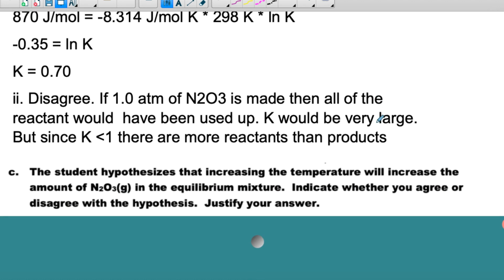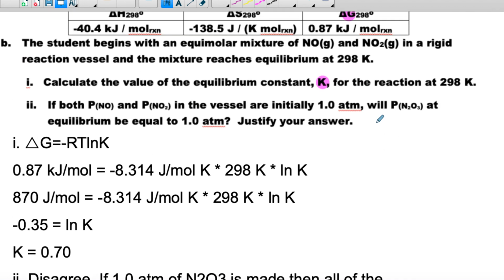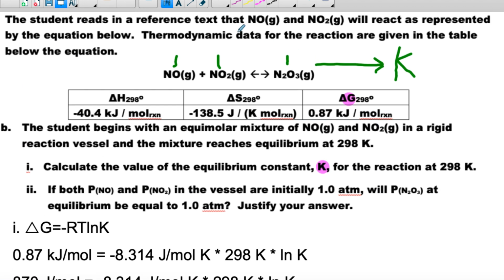They then go on to say, the student hypothesizes that increasing the temperature will increase the amount of N2O3 in the equilibrium mixture. Indicate whether you agree or disagree with the hypothesis. Justify your answer. Well, this is not an ICE problem. This is an equilibrium shift problem, a Le Chatelier problem.